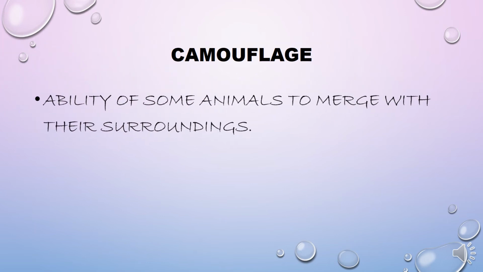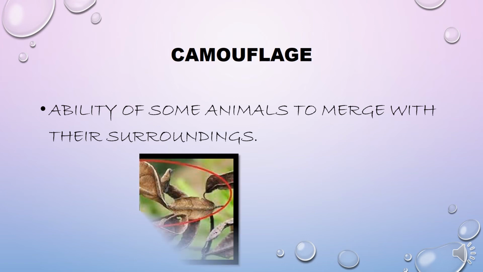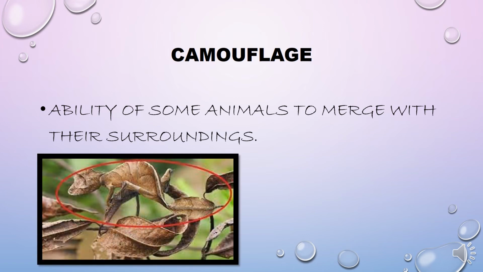Camouflage. What does this word mean? The ability of some animals to merge with their surroundings is called camouflage. This adaptation is shown by some animals, and these animals are called camouflaging animals. You can see in the picture that on the leaf there is an animal spotted in a red circle. This is a chameleon.